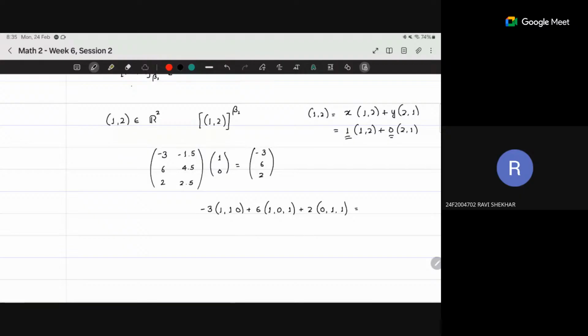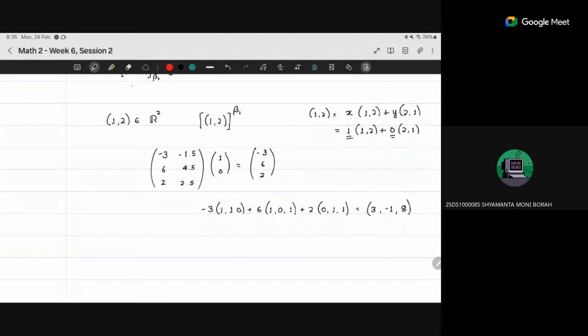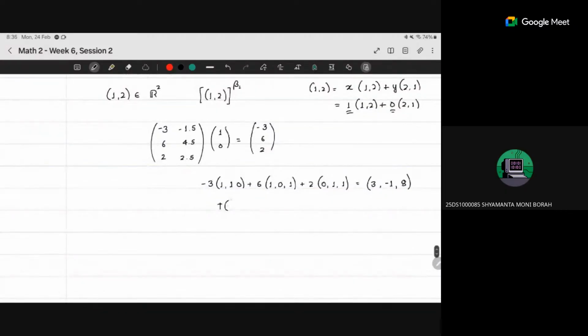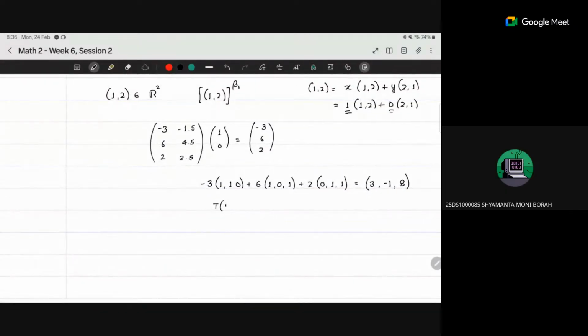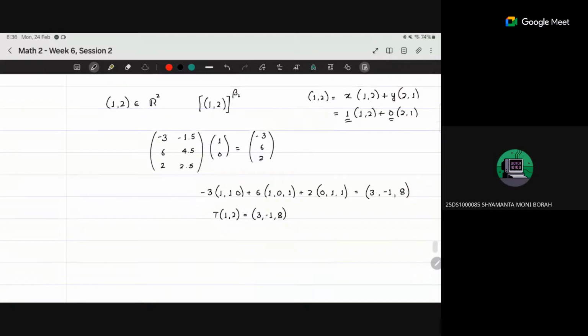And what does this turn out to be? Eight. Last one is 8. 3 minus minus 1, 1, 8. And what is T of 1, 2? It has to be this.